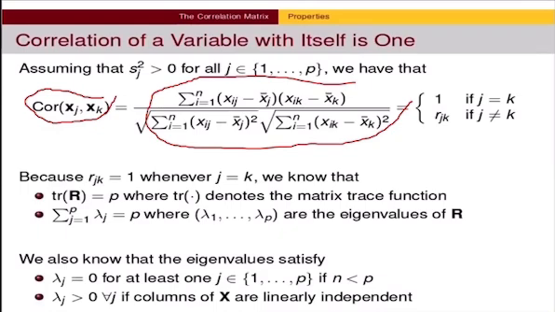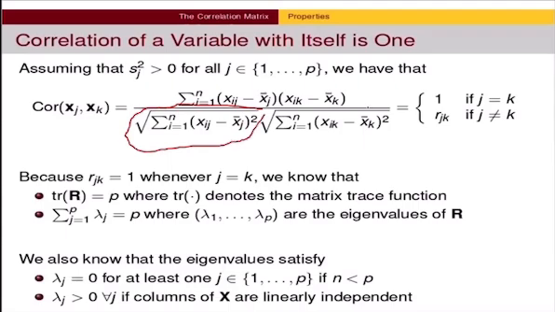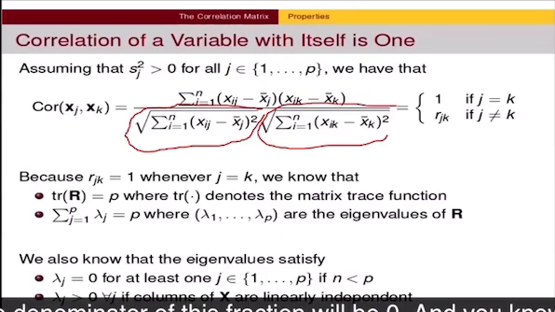But don't forget what I have here. What I have at the denominator is the square root of the variance. We expect the variance to be greater than zero, because when variance is equal to zero, the denominator of this fraction will be zero.